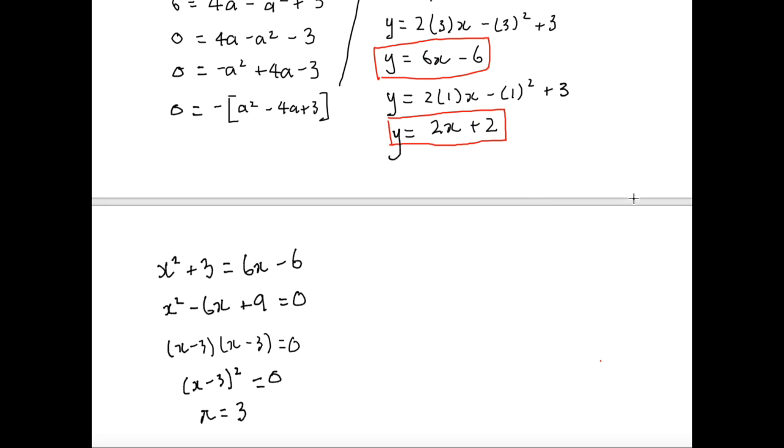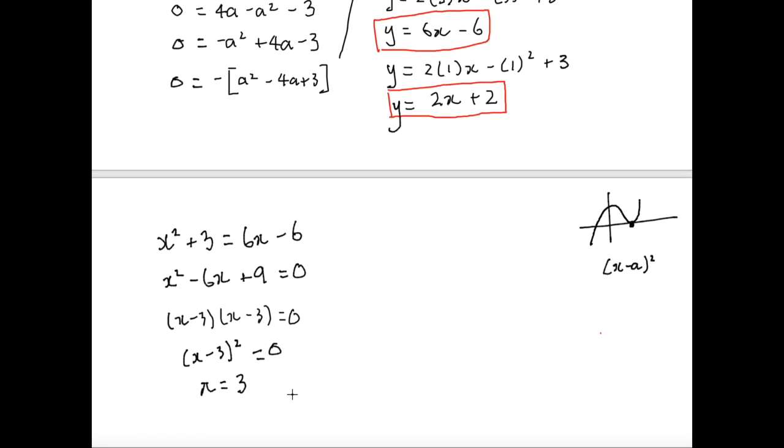But if you think back to cubics, remember when we had an intercept that just touches the x-axis, and we said that would be something of the form x minus a squared, because when it just touches it, just like a tangent does, it has this form of x minus a squared.